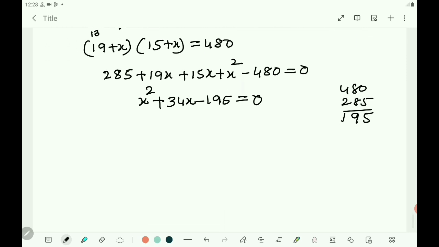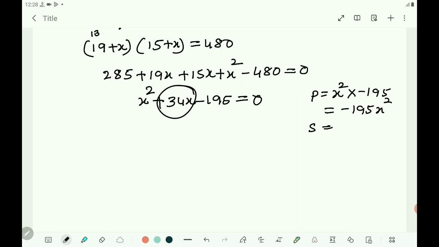Then here we have to factorize it. You got the equation in the form of ax square plus bx plus c equals 0 and the product is x square into minus 195, which is equal to minus 195 x square, and the sum is the middle term, that is 34x.